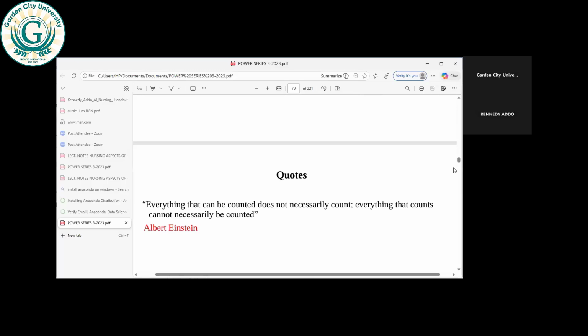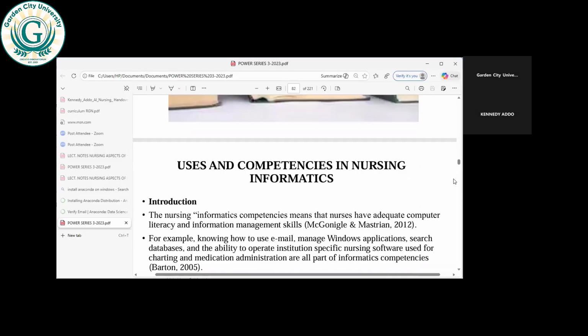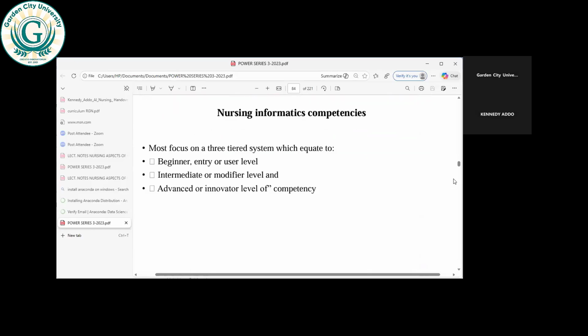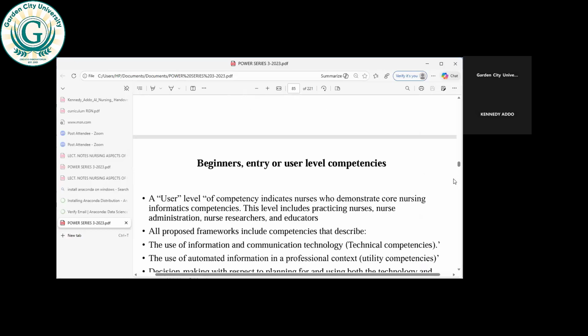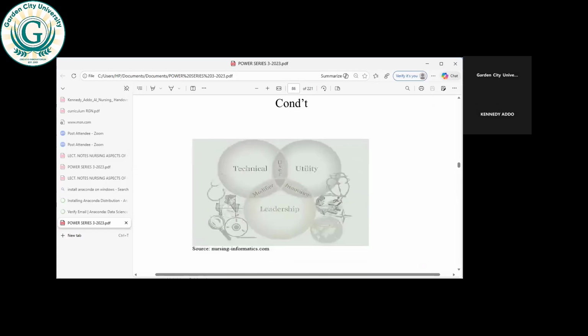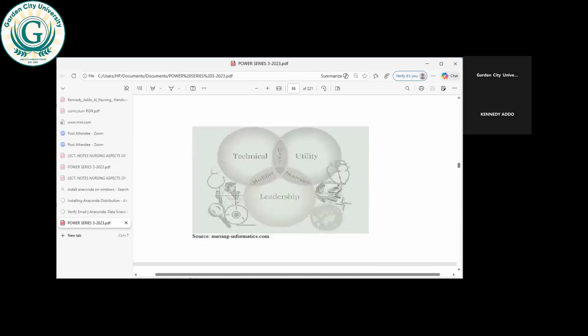From here, we moved on to uses and competencies in nursing informatics, where we deepened our understanding of beginner, intermediate, advanced, or innovator levels of competency, and the core skills that pertain to each level. We aligned them to the following: technical, utility, and leadership.